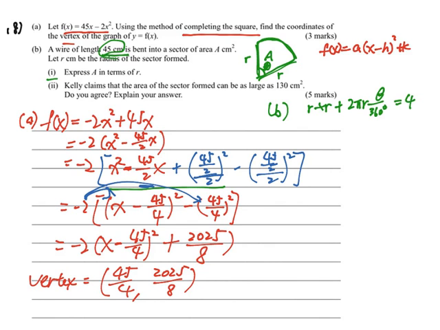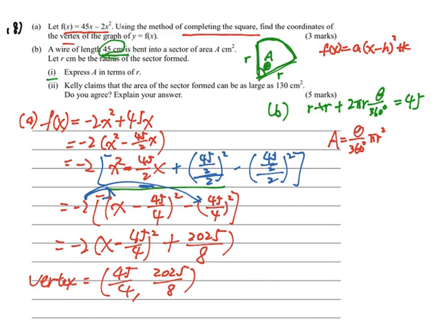It is equal to 45. And then we have another equation, A, that means the area. The area of sector is theta over 360 times pi R squared.